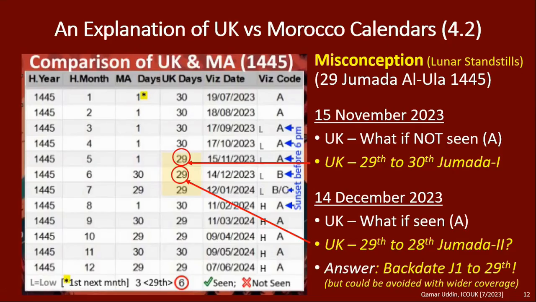The answer came back is that if you see the moon on your 28th, and you didn't start the previous month by sighting, that means you have made a mistake at the beginning of the month. So you need to backdate the calendar. And if it is Ramadan, you would have to make a qada fast after Eid.